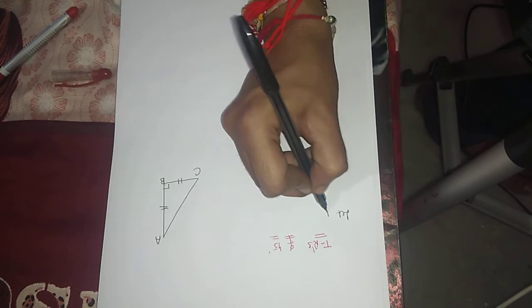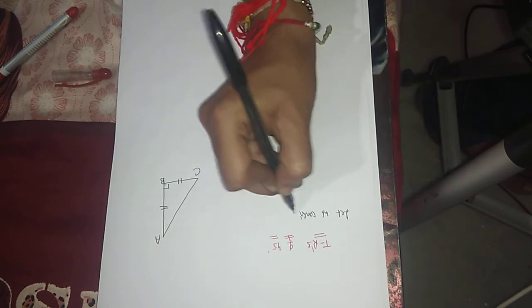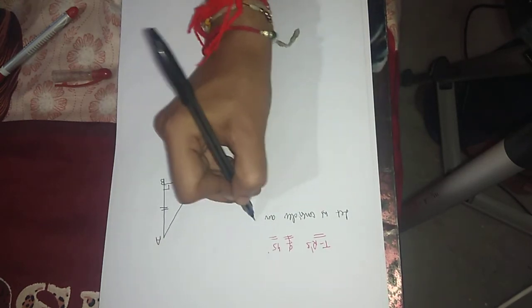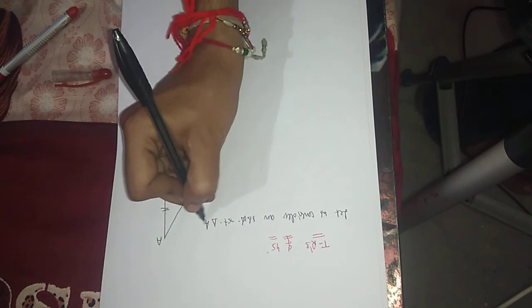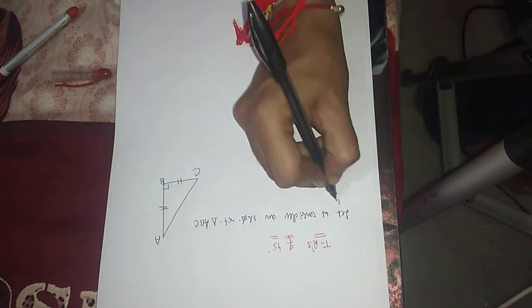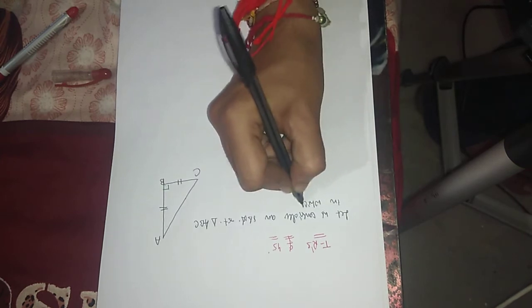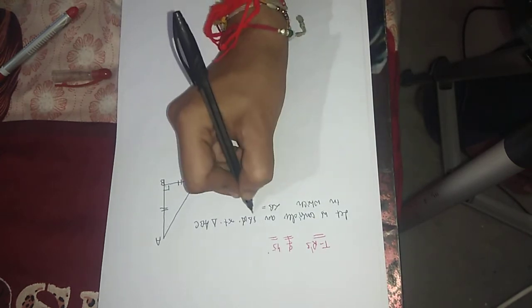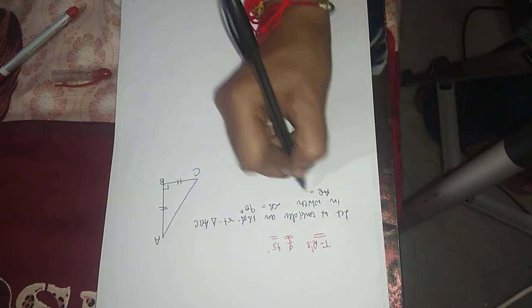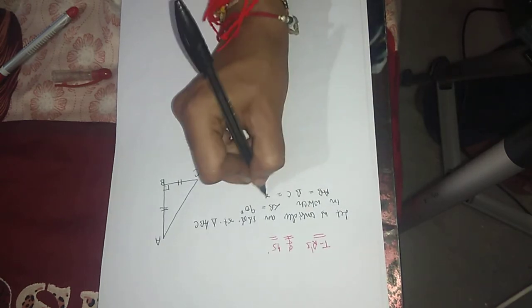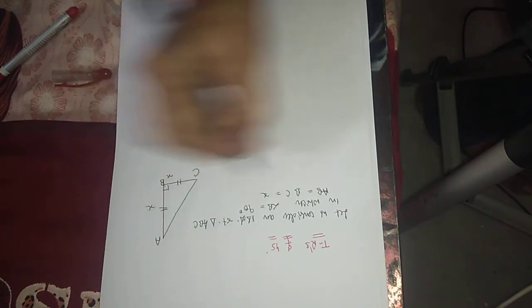So let us consider an isosceles right triangle ABC in which angle B is 90 degree and AB is equal to BC is equal to x.